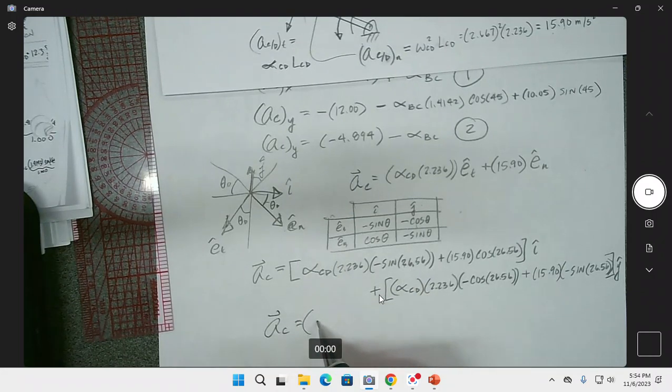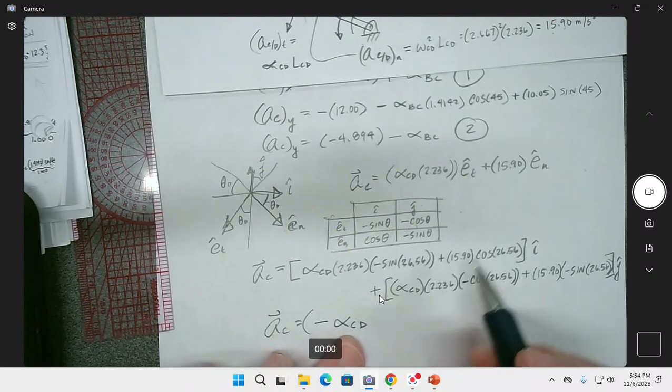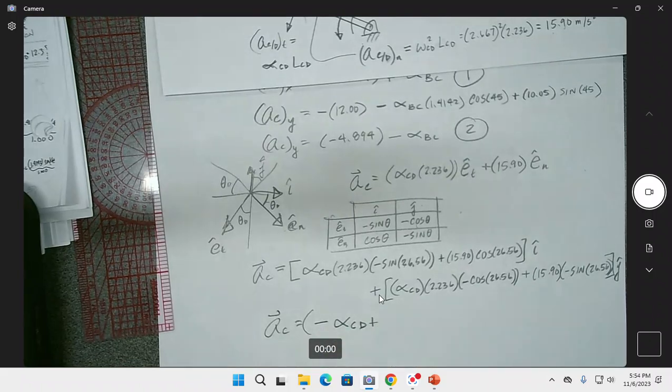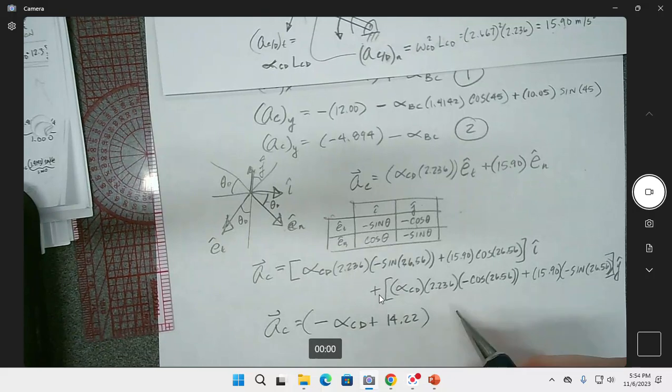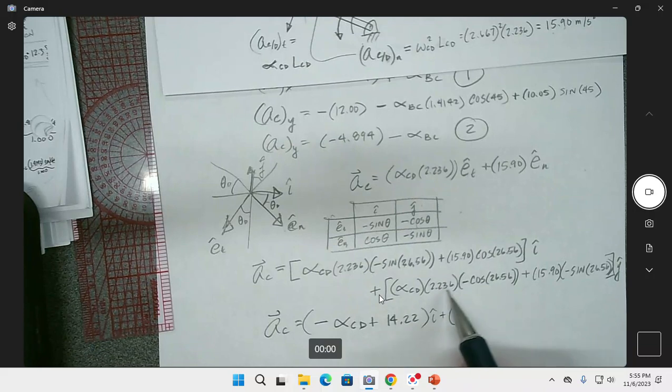But it's negative, so you get a negative alpha CD plus, and that's about 15.9 times the cosine of 26.56, and you get that is positive, 14.22, and that's the i.